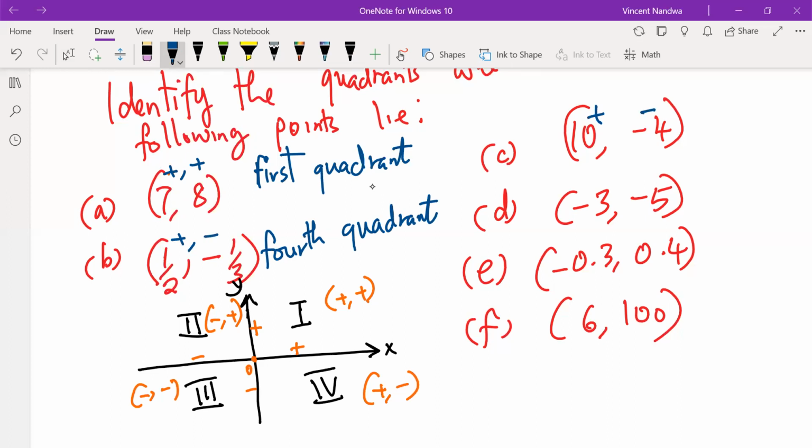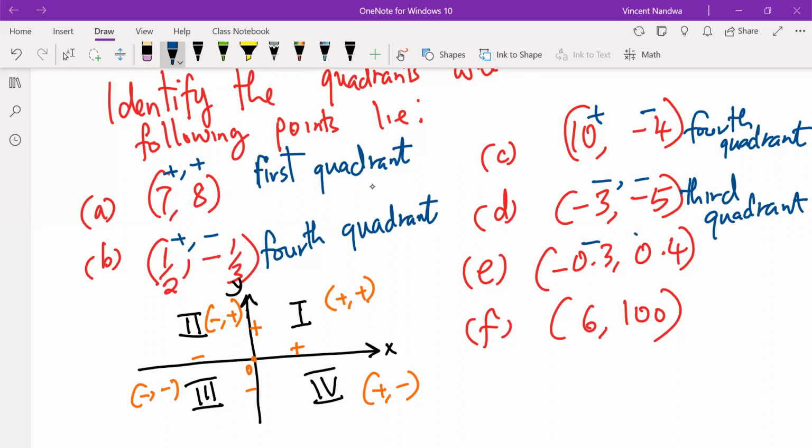So positive, negative is also in the fourth quadrant. Here we have negative, negative, which should be in the third quadrant. This is negative, positive, which is in the second quadrant. And this is positive, positive. That should be in the first quadrant.